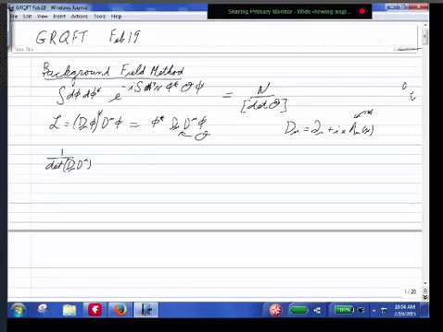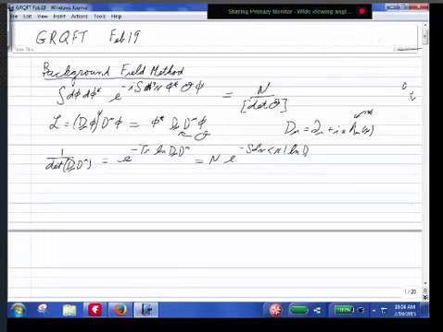We took the Lagrangian, which was (D_μ φ)*(D_μ φ). After integrating by parts, we got φ* D² φ. There's our differential operator.